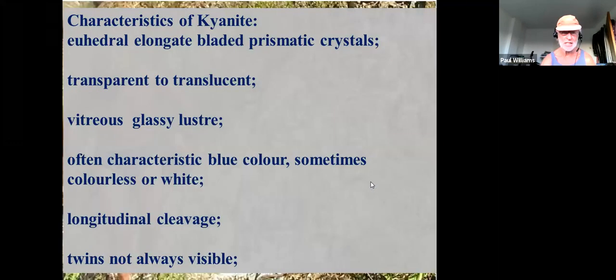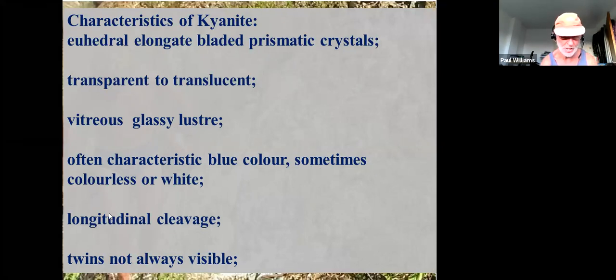So let's look at the characteristics of kyanite. Bladed prismatic crystals, as I mentioned, generally transparent to translucent. It can be completely transparent. This vitreous glassy luster, and it's often got this characteristic blue color, but it can be sometimes colorless or even white.